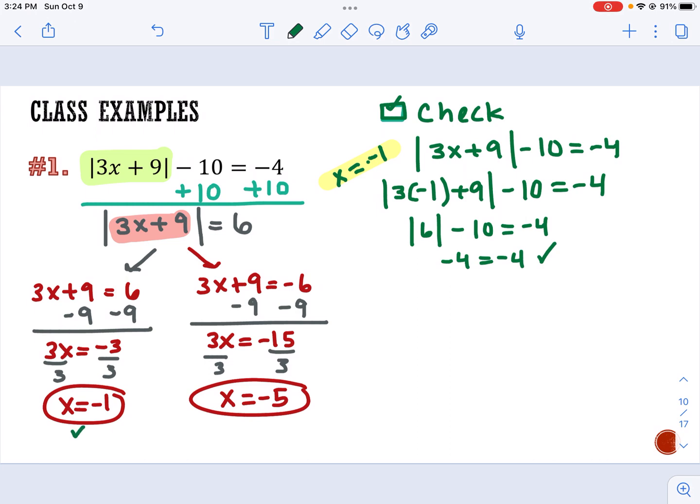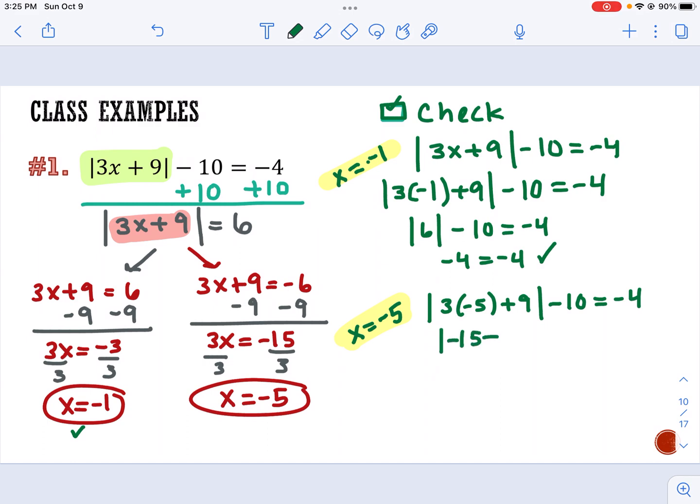Let's check our next one. We have x equals negative 5. So we need to double check to make sure that when we plug negative 5 back into my original equation, it works. So once again, back to my original. 3 times negative 5 plus 9, evaluating it. 3 times negative 5 is negative 15.